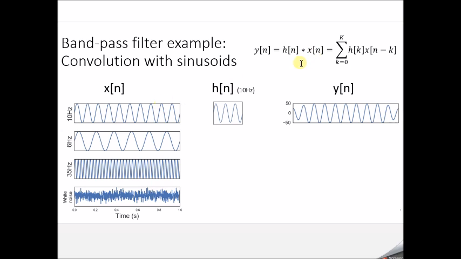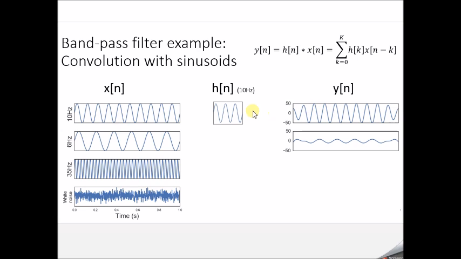So if we use the convolution formula to convolve the input series x of n with the filter h of n, where both of them are 10 hertz signals, our output y of n will also be a 10 hertz sinusoid with about the same amount of power.